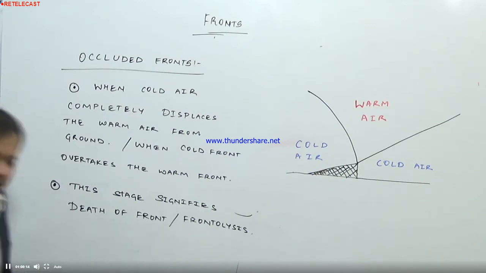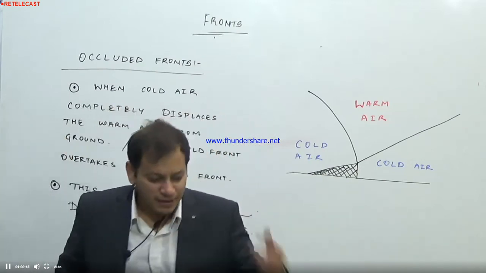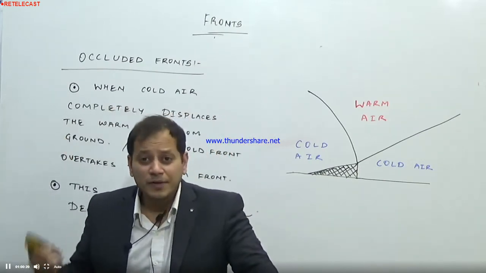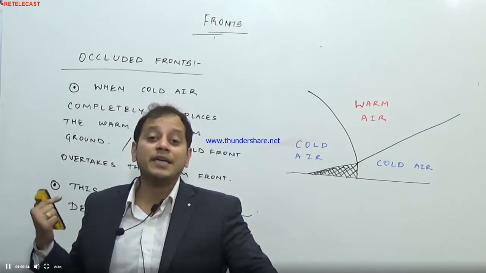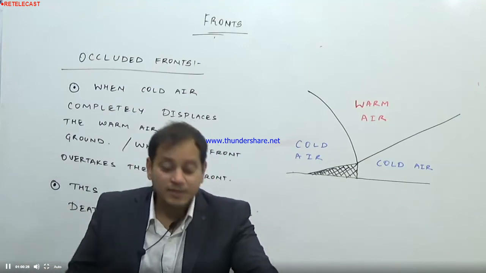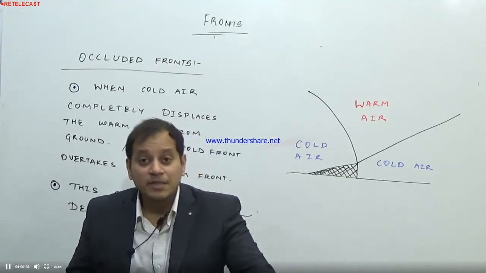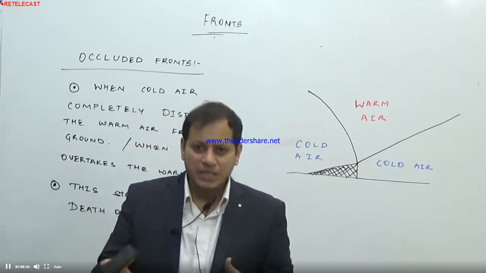Now sometimes, you know that in geography, climatology, especially weather, in fact our Indian monsoon also, we try to study in a very simplistic pattern. But it is an interplay of many factors: local temperature differences, moisture differences. So sometimes the wind for a period of time changes its direction.